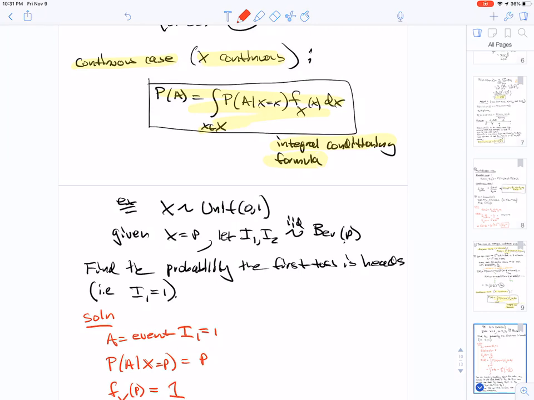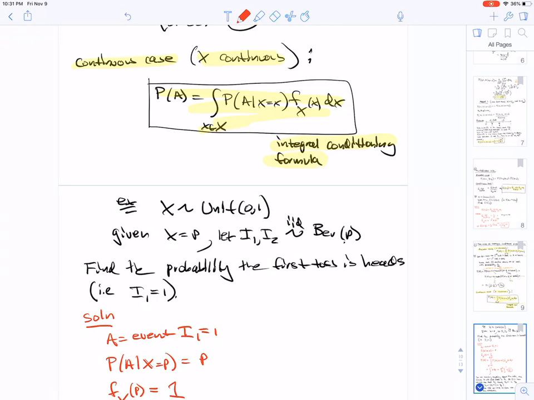For example, if x is uniform 0, 1, that's going to be referring to the probability of a coin flipping heads. And given that x is p, I have two Bernoulli p random variables, IID. Find the probability that the first toss is heads.